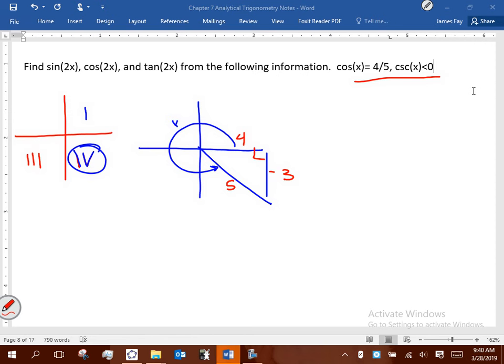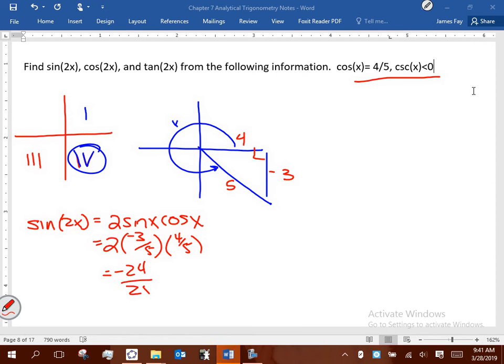So now if I want to find sine of 2x, we're going to come up with 2 sine x cosine x. So sine of x is negative 3/5, cosine x is 4/5, and now if I multiply that together, I get negative 24/25, right?